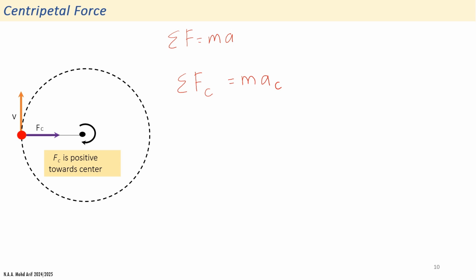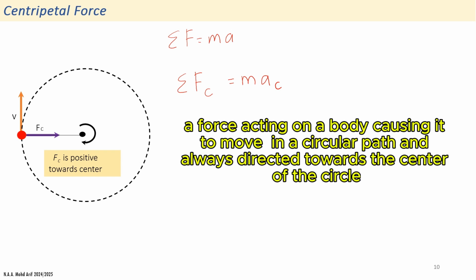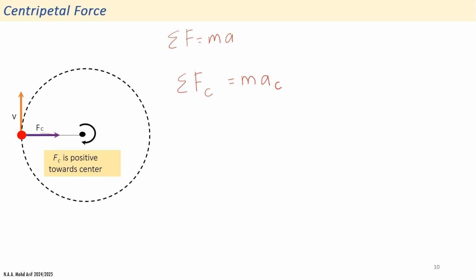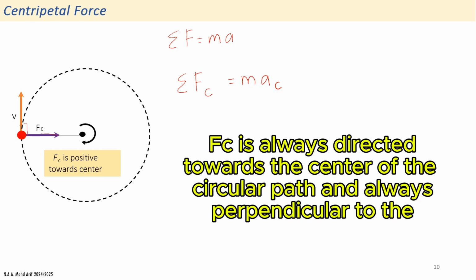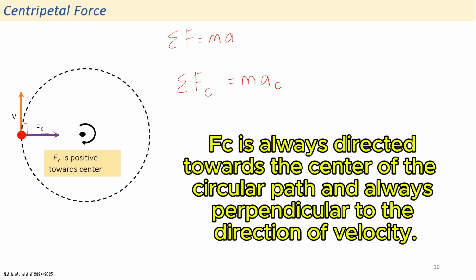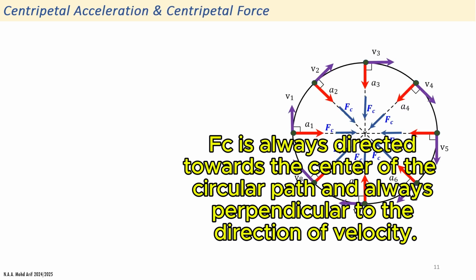Centripetal force is defined as a force acting on the body, causing it to move in circular paths, always directed toward the center of the circle, and always perpendicular to the direction of velocity.